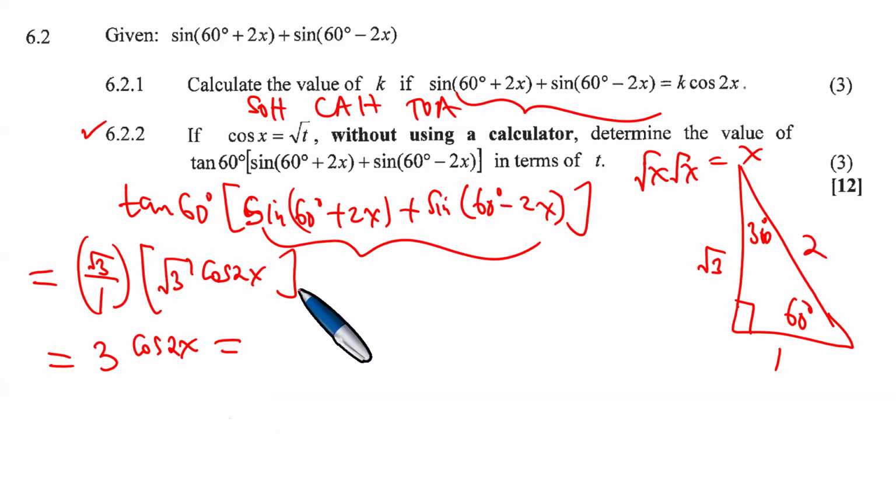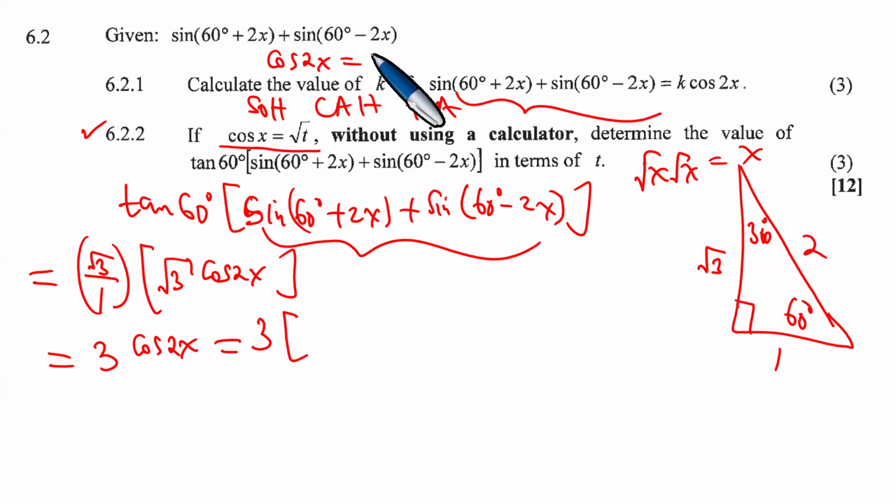So what do we do at this point? Cosine 2x. We remember that cosine 2x, because we've already been given cosine x, which is the square root of t.